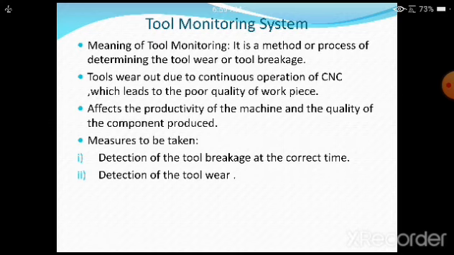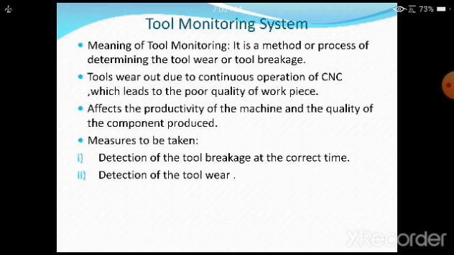That system automatically detects the deficiency in the cutting ability of the cutting edge of a cutting tool, and it gives an alarm or an indication to the operator that the cutting tool needs to be replaced. Such a system we call a tool monitoring system.